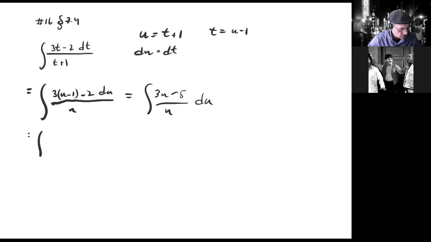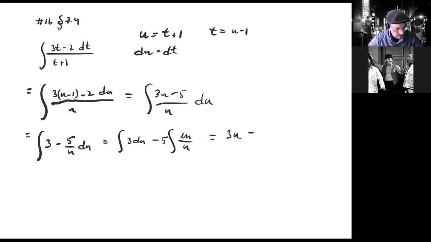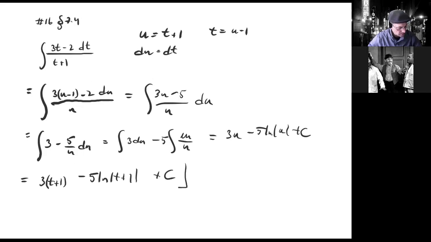I'm going to break up the fraction: 3 minus 5 over u du, and that's the integral of 3 du minus 5 times the integral of du over u, which is 3u minus 5 ln absolute value u plus c. If we resubstitute the value of u, we get 3 times (t plus 1) minus 5 times ln of absolute value t plus 1, plus c.